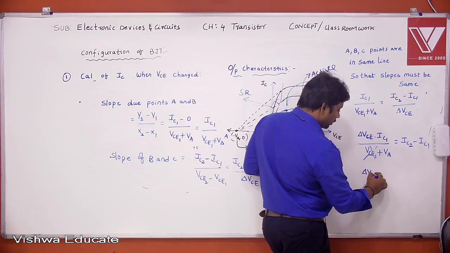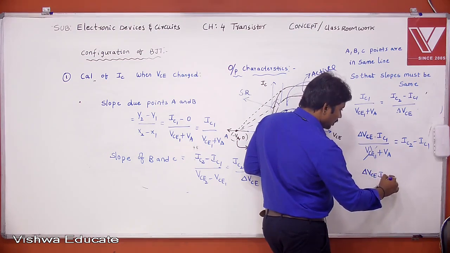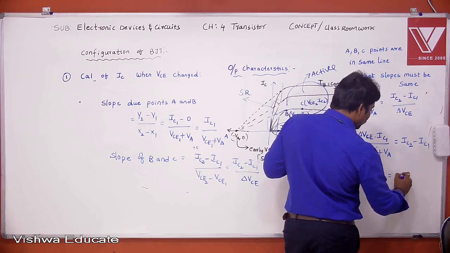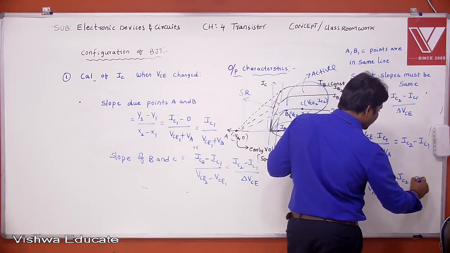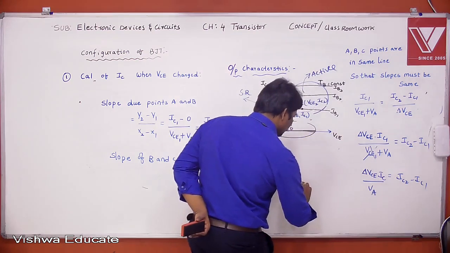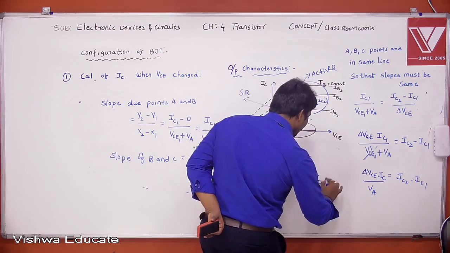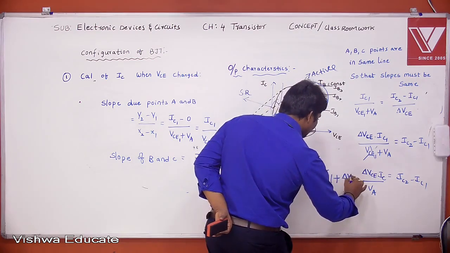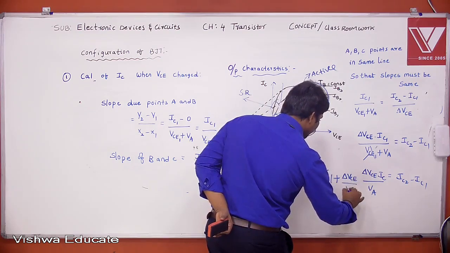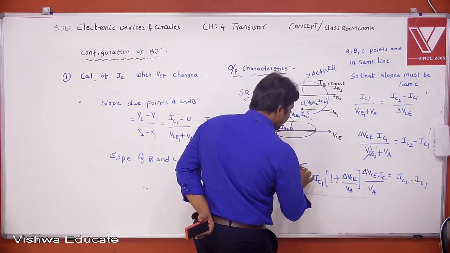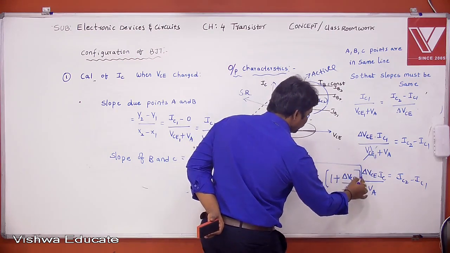Then delta VC into IC1 by VA equal to IC2 minus IC1, right? Now what is the final expression actually? IC2 equal to IC1 into 1 plus delta VC by VA. This is the calculation of collector current when VC changed.